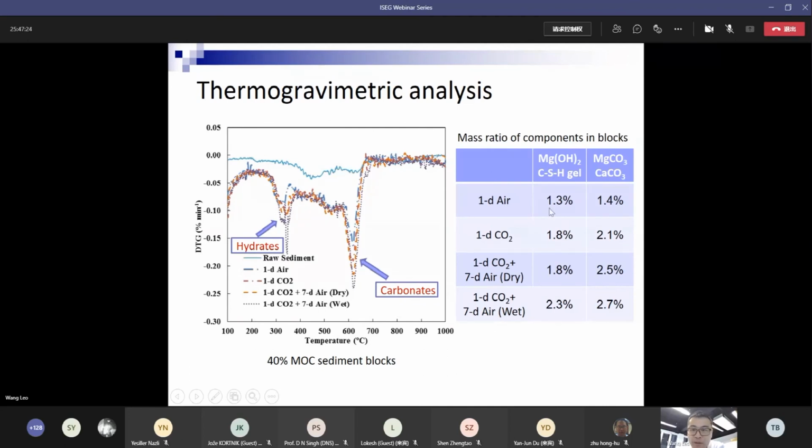Also, the TGA result shows that after CO2 curing, more hydration products and carbonates are produced, and additional air curing can further increase the hydration product and the carbonation product.